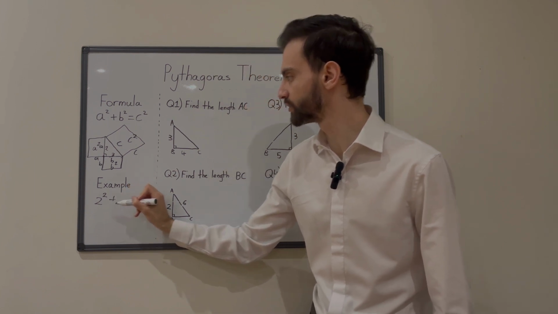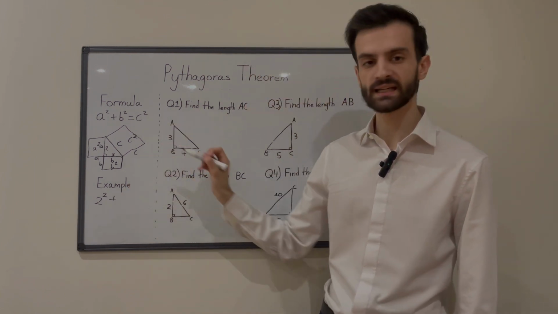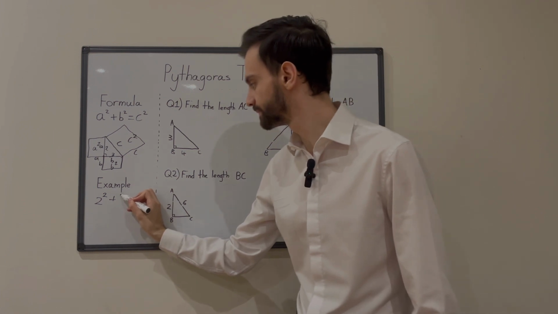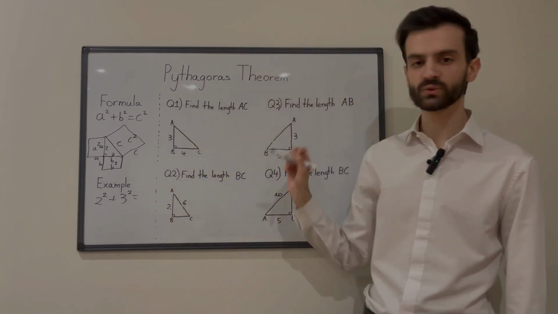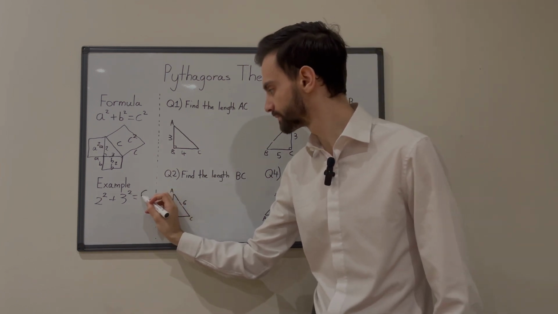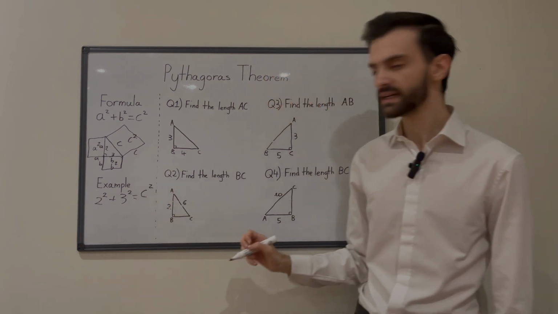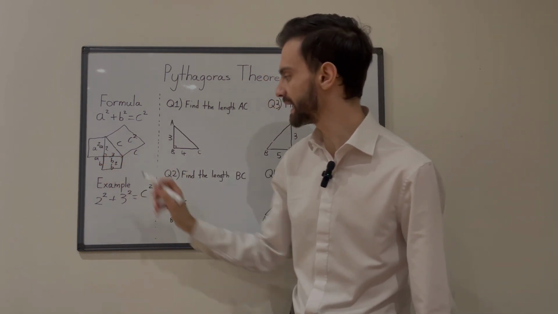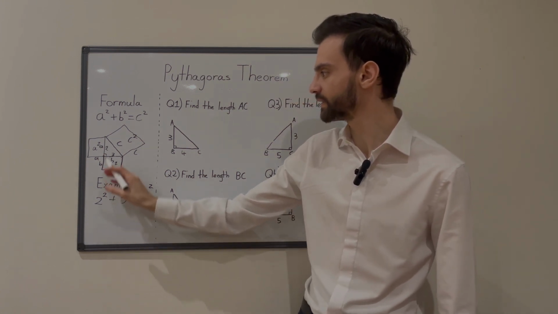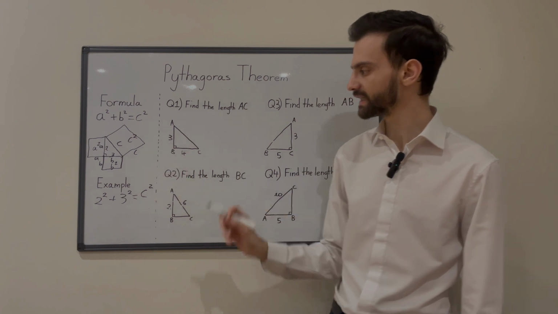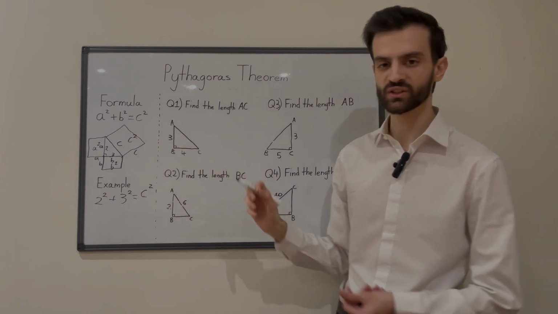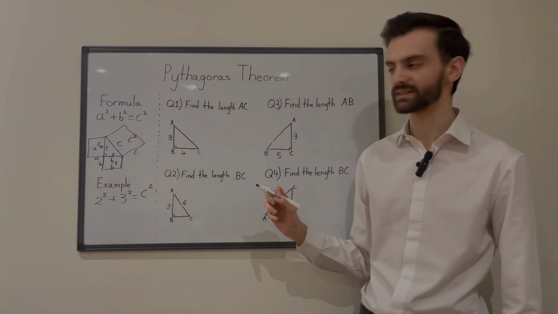We're going to add it to B squared. In this case, we said B is 3. And we know that is going to be equal to C squared. In this case, it's saying that the area that we have here, which is 2 squared, added to this area, we should get it equal to our larger area for C squared.